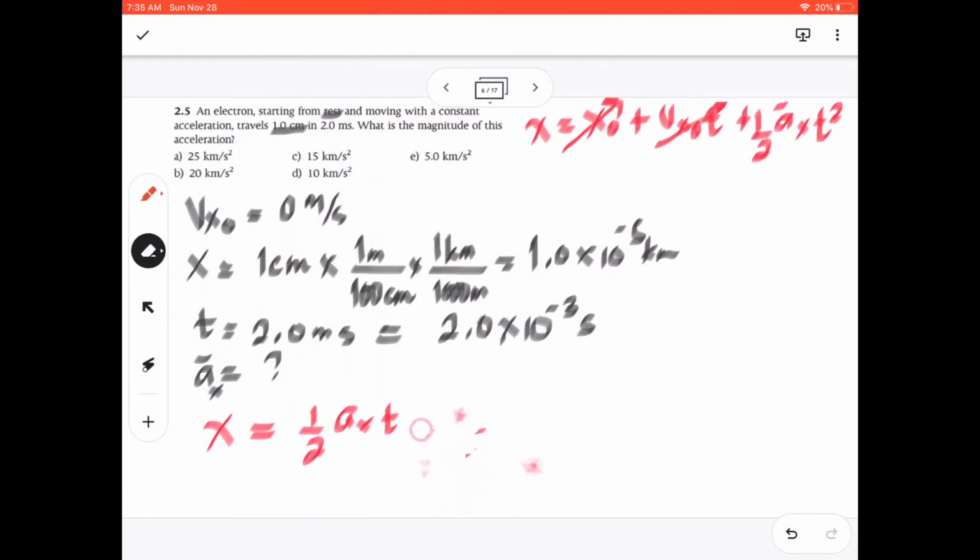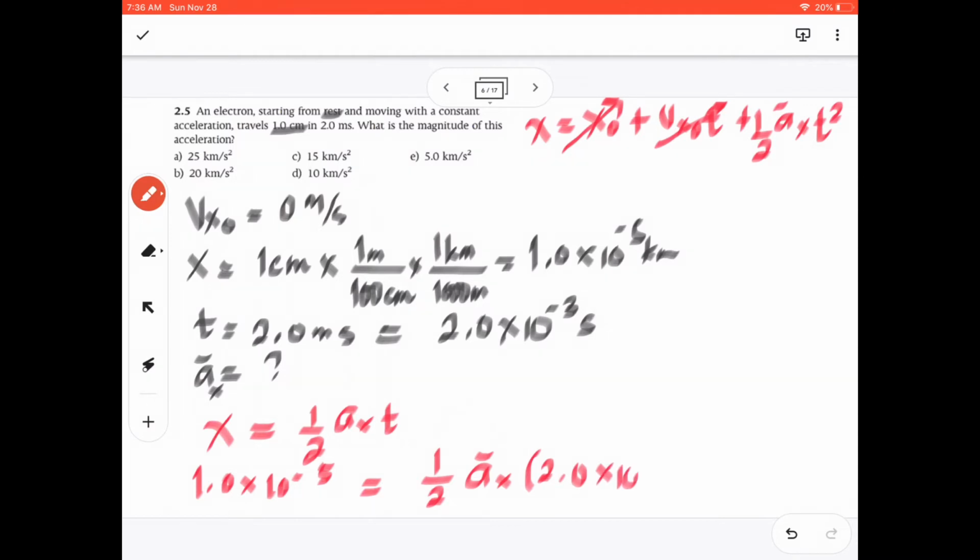That's the unknown. We need ax. Okay, we're going to substitute x now with 1.0 times 10 raised to negative 5 is equal to 1/2 times ax, acceleration along the x-axis, multiplied by 2.0 times 10 raised to negative 3, squared. Using your calculator, you will be able to find that a along the x-axis is equal to 5 kilometers per second squared, which corresponds to letter A.